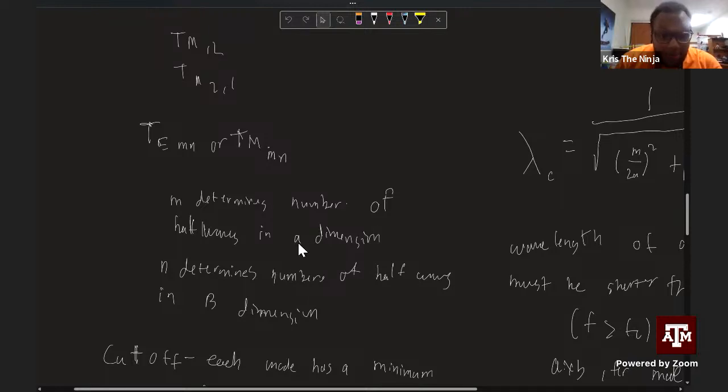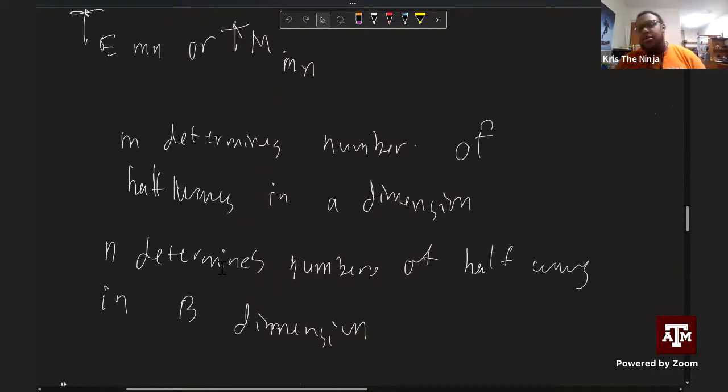M determines the number of half waves in a dimension, I think that might be the X dimension, the A dimension, A as in the letter A. And then N determines the number of half waves in the B dimension.